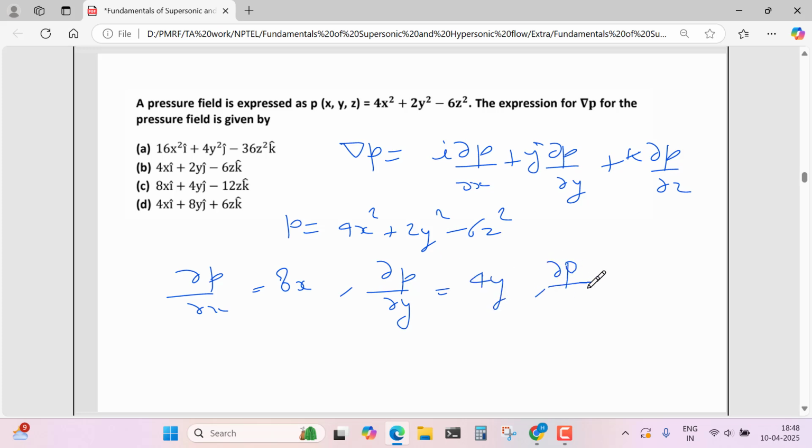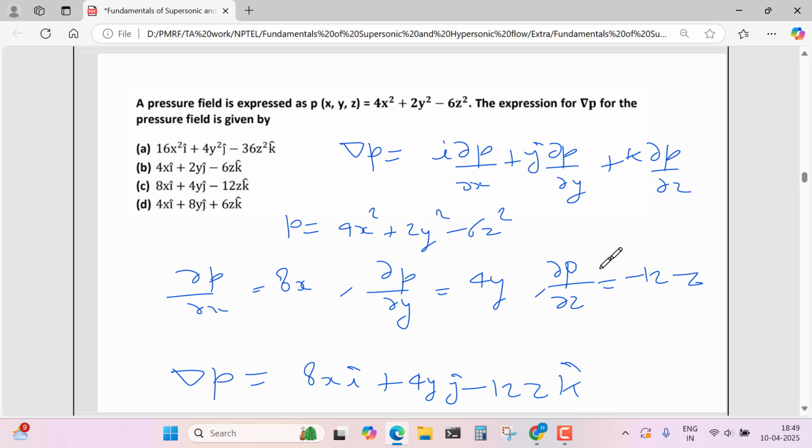And dou P by dou z will be minus 12z. We substitute these values in del P, then we get del P equal to 8x i cap plus 4y j cap minus 12z k cap. And let me match it with the options: option C, 8x i cap plus 4y j cap minus 12z k cap.